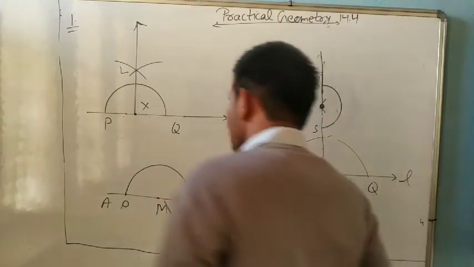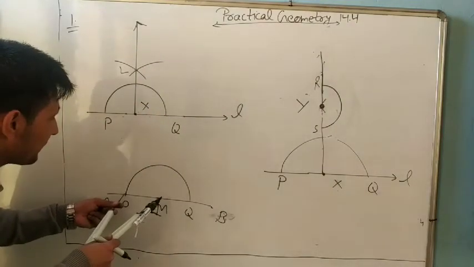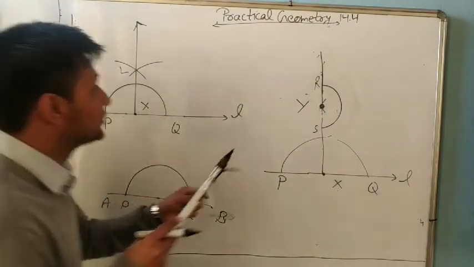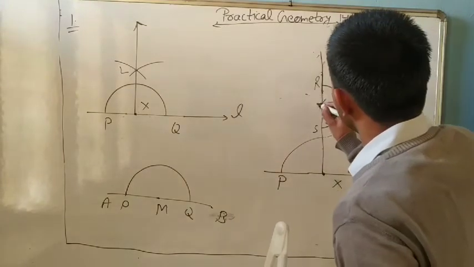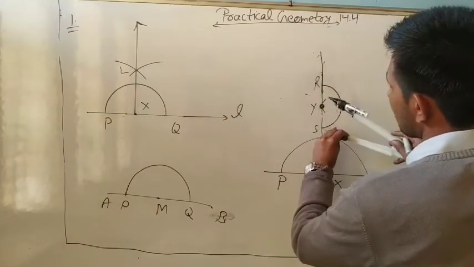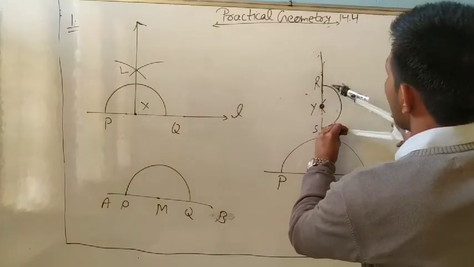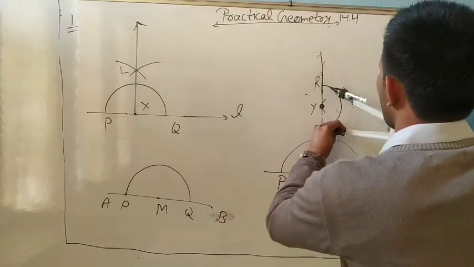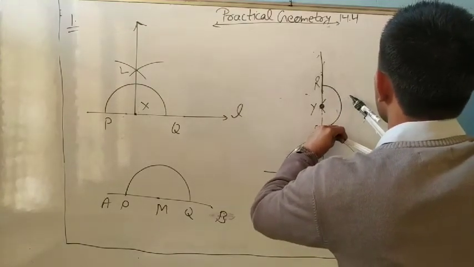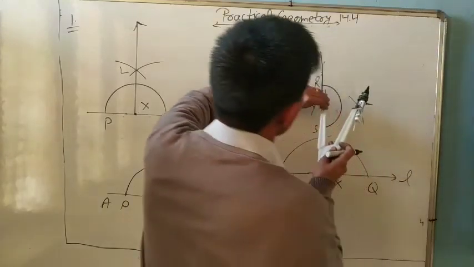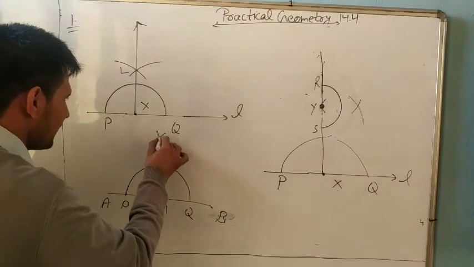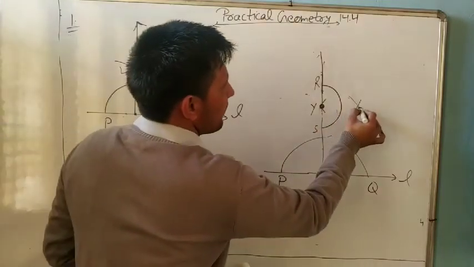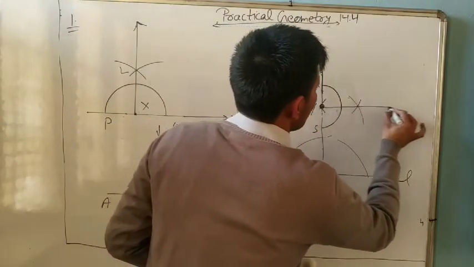So what will we do? We will open the compass more than SY. Everyone knows it is Y. So more than SY, and we will draw 2 arcs like this one, 1 arc, 2 arc, and we will join here.